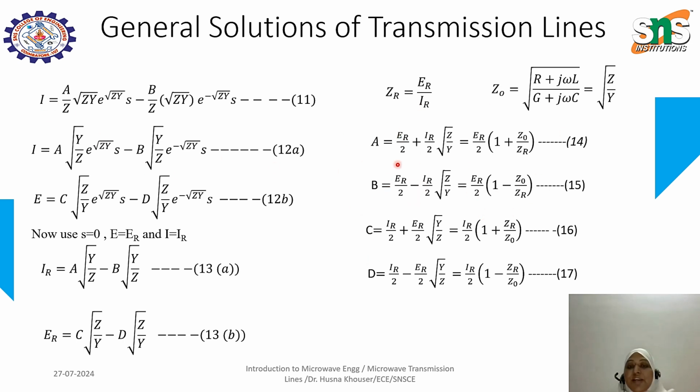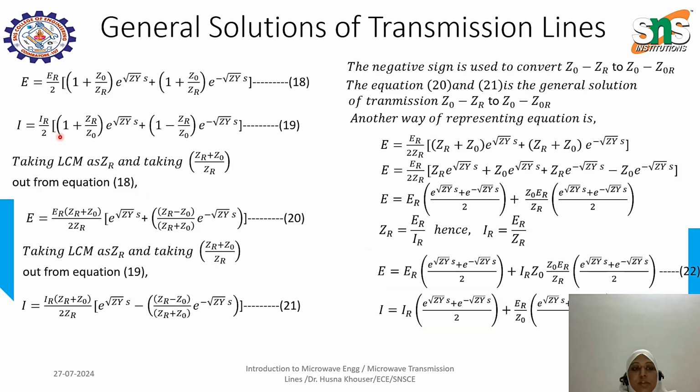In the previous lecture we saw the arbitrary equation of A, B, C, D. After substituting these equations we get A is equal to ER into 1 plus Z naught by ZR. So we get these four arbitrary conditions. Now we get the two equations, and E is equal to ER into 1 plus Z naught by ZR, because we have taken the receiving end condition.